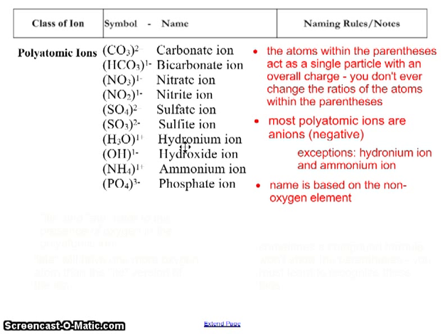The name is based on the non-oxygen element. So if we look up here at carbonate and bicarbonate, hopefully you can see that both of these are based on the name carbon, which is one of the foundation elements in that particular compound. Nitrate and nitrite both have nitrogen in them, so that's why nitra is the name of these ions.